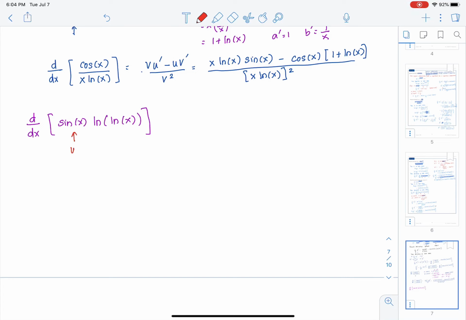So we have u multiplied by v, so we have to use product rule, u v prime plus v u prime.